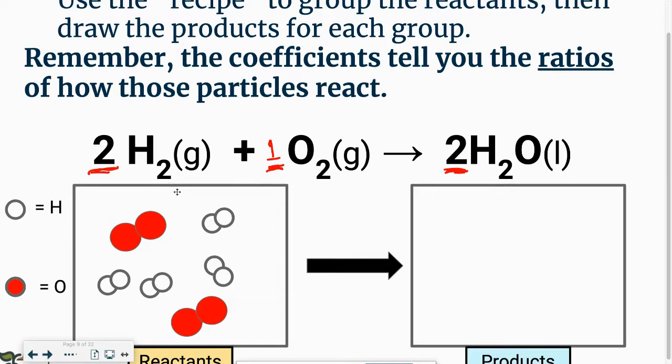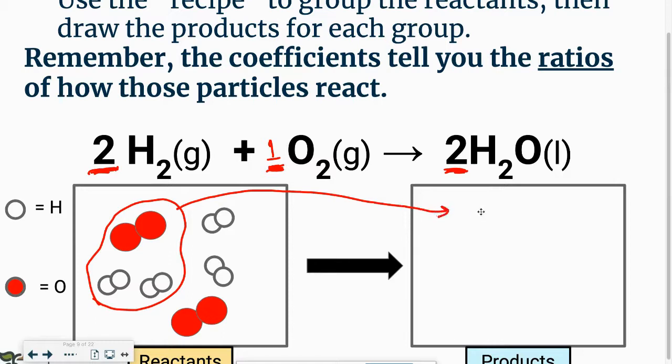One of the ways we can do this is we can find a group of 2 H2s and 1 O2 molecule, and we know that that will give us 2 H2O. So if I take 2 H2s and circle them with 1 O2, I know that these will react and form 2 H2O molecules.